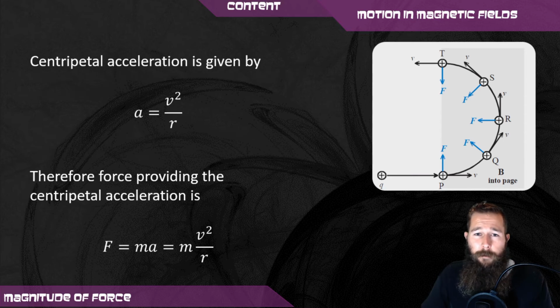So in a previous topic we were looking at uniform circular motion, where the acceleration of a particle in uniform circular motion is given by the velocity squared divided by its radius. And looking at the force of this particle, using Newton's second law, we find that the force is the mass times velocity squared divided by the radius.